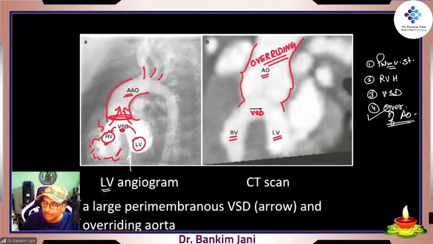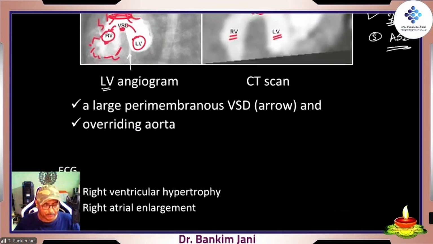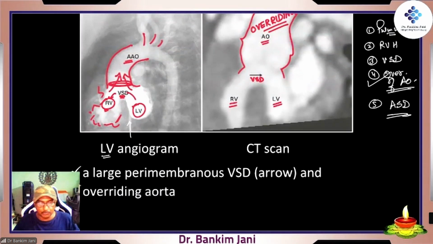Never miss. And fifth one, in case of pentalogy of Fallot, there was the atrial septal defect. This was the reason that we discussed VSD and ASD in advance, so that now things won't be confusing. So here we saw two things: one, the VSD, and second, the overriding of aorta.